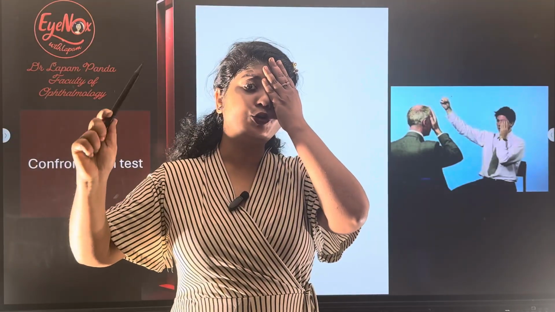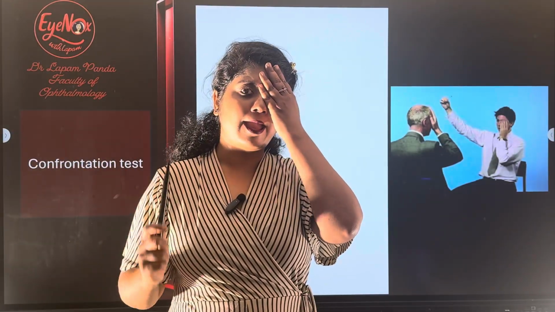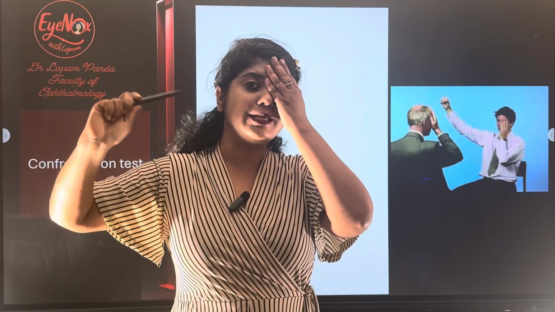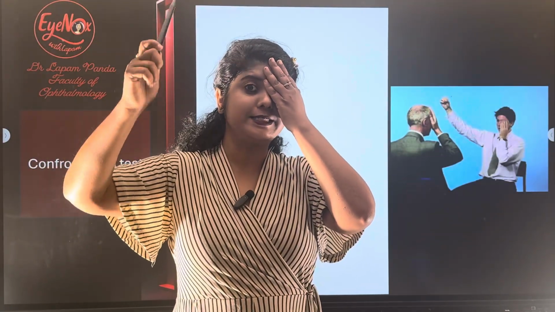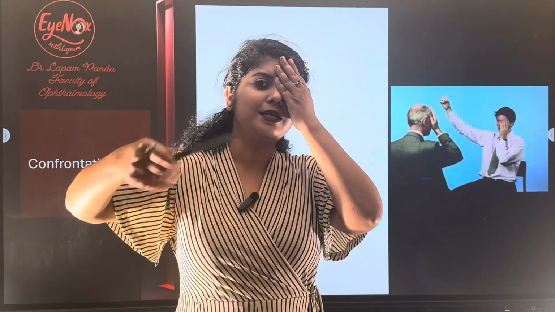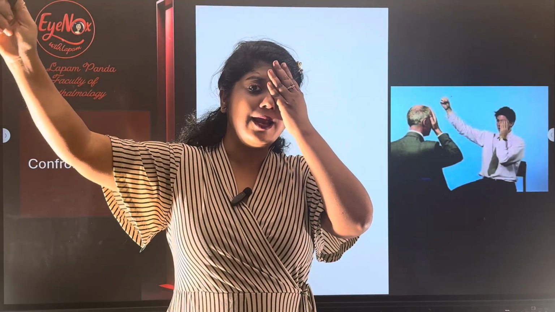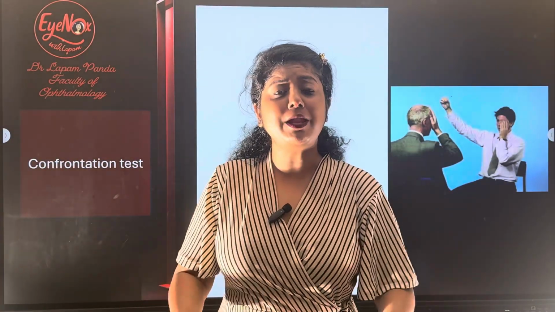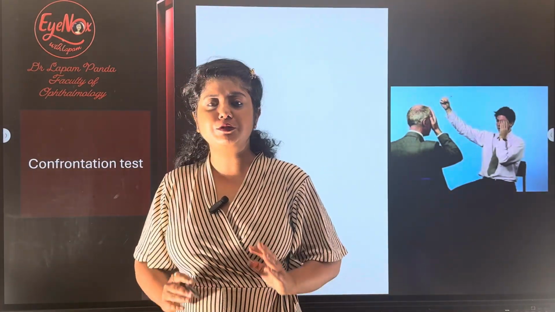And this should be the same for the examiner and the patient. If the examiner is appreciating the object at this point, then the patient should also appreciate the object at this point, which means the examiner's and the patient's visual fields are the same, which implies that the patient's visual field is normal. But if the examiner can see and yet the patient says, no, I can't see anything, we can suspect that there is some problem in the visual field of the patient.